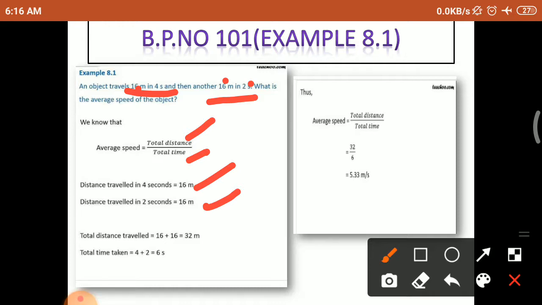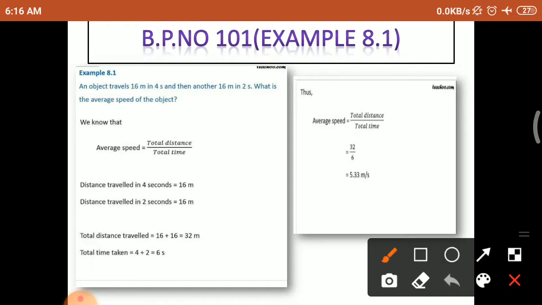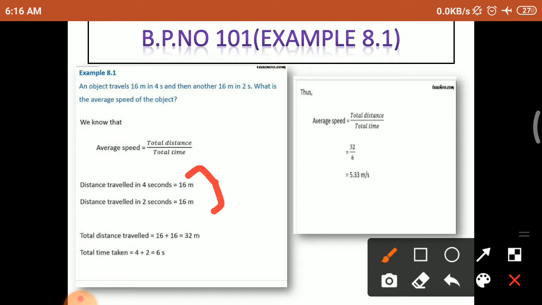So total distance traveled equals 16 plus 16 equals 32 meter. Total time, first 4 seconds, second 2 seconds. So 4 plus 2 equals 6 seconds. So here I measured total distance and total time. So average speed equals total distance by time.